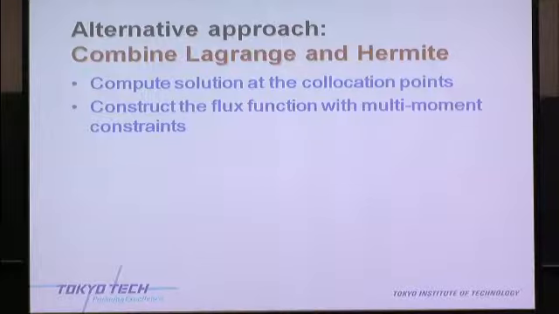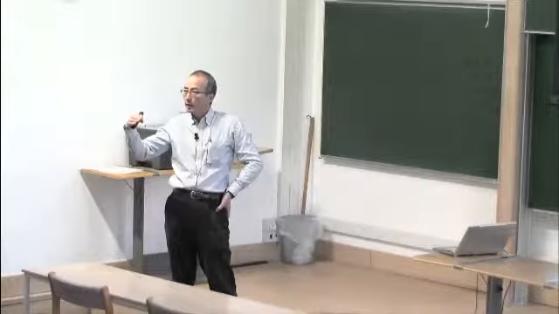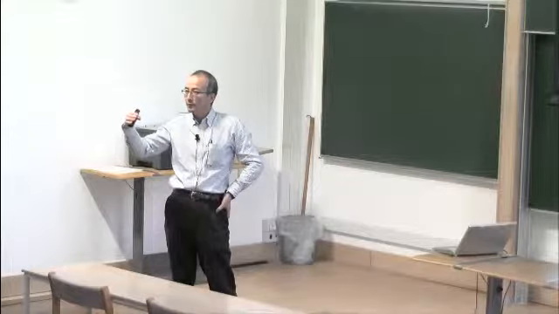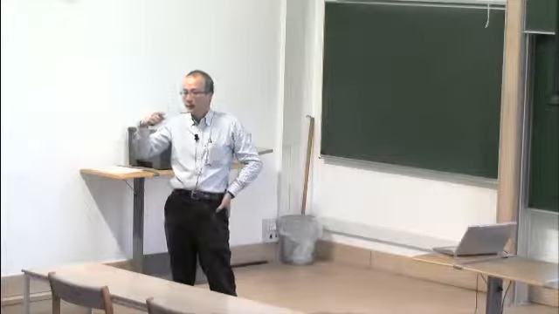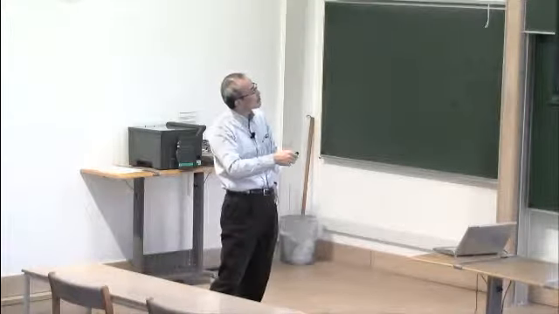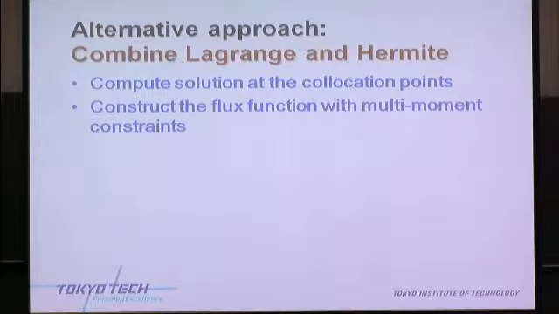We calculate the solution at the collocation point. That means we calculate the point value. We update the point value. We do not update the moment, the derivative, or the average or integrated average. Maybe we can call this kind of a Lagrangian or collocation type of consideration.